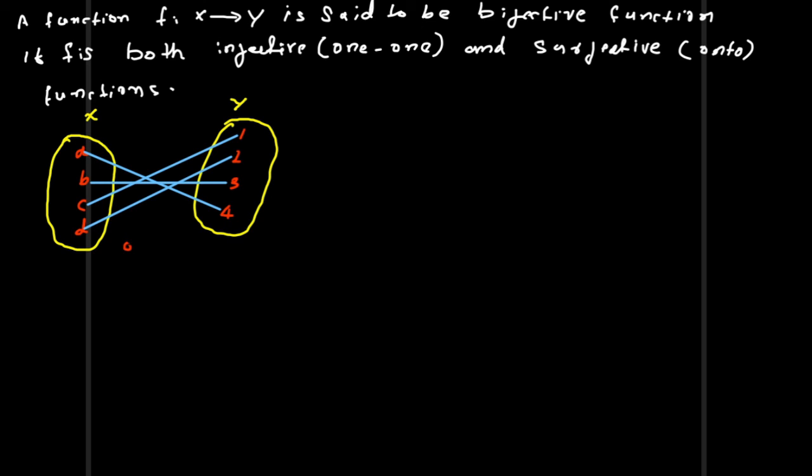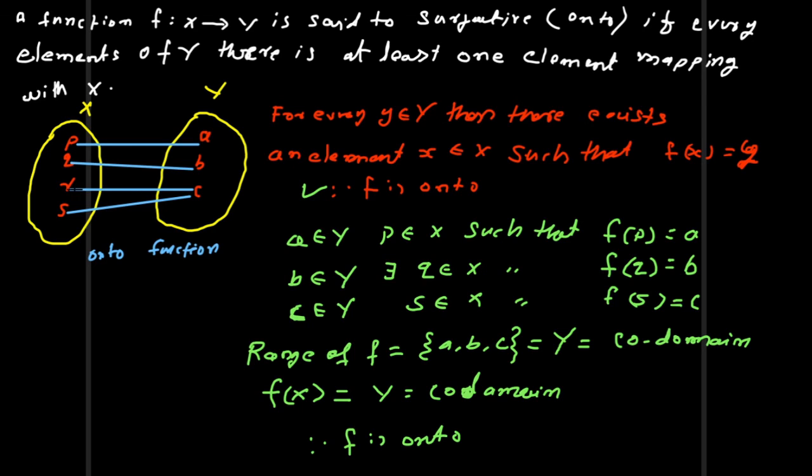So you can write one-one, this is a one-one function. Then here, listen, all the elements of y have a pre-image in x. Therefore this is also onto. Therefore this function, this mapping, we call bijective function. Clear? Okay, in the previous example we can check this part here.